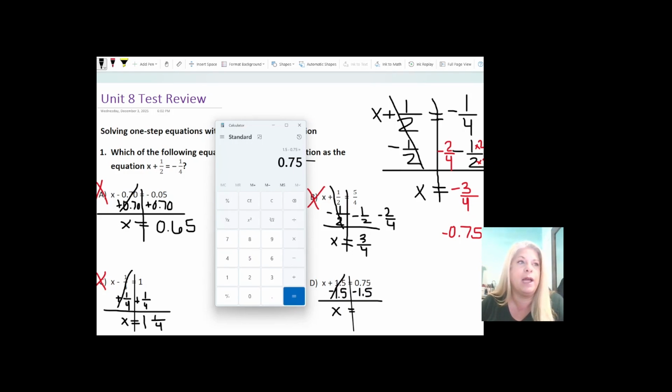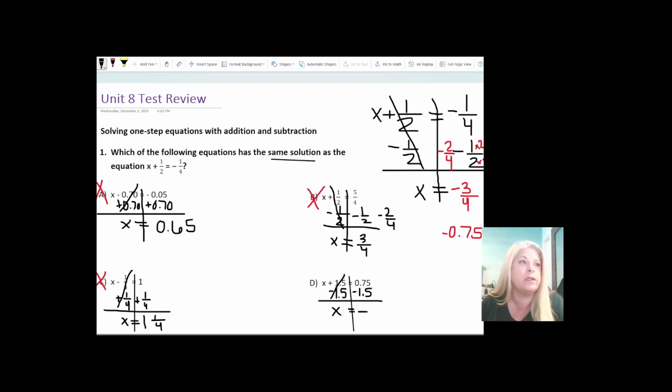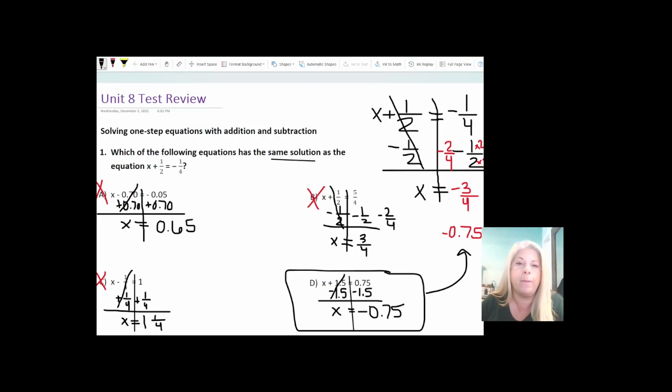I'm taking the sign of the larger number. In this case, the 1.5 is larger because it has a whole number versus 0. And so this is going to be a negative 0.75. And that is our correct answer. Letter D has the same solution as our original answer over here up top.